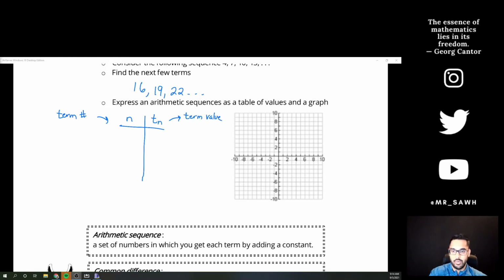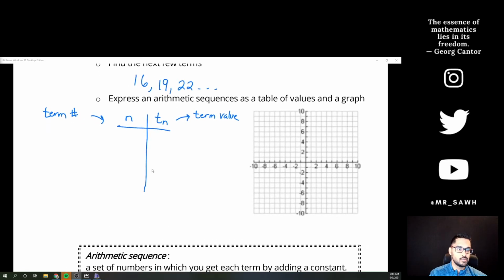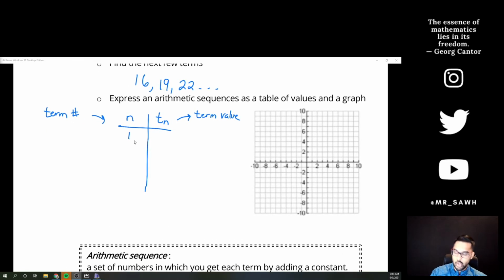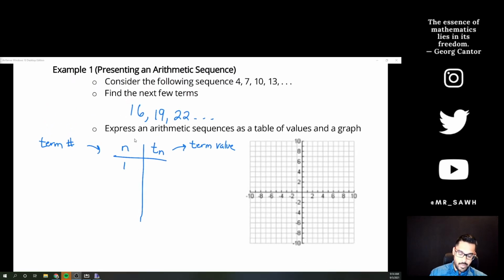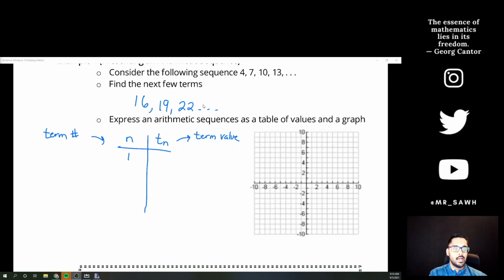So for example, if we use n as 1, this will be term number 1. In that sequence that we saw, the value of that term was 4. Very similarly, when you did this in Math 10, you talked about functions, inputs and outputs, independent variables and dependent variables. This has some of those features in there as well.